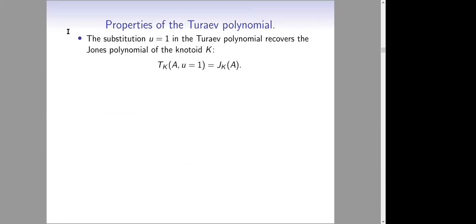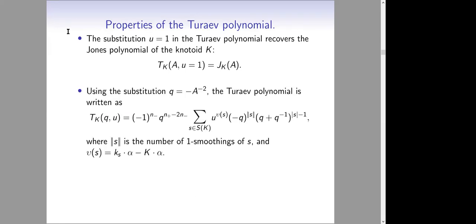So in the Trayer polynomial, if you substitute u equals 1, what you get is just the Jones polynomial of the knotoid. By the way, we will use this substitution, which is common in Khovanov homology.